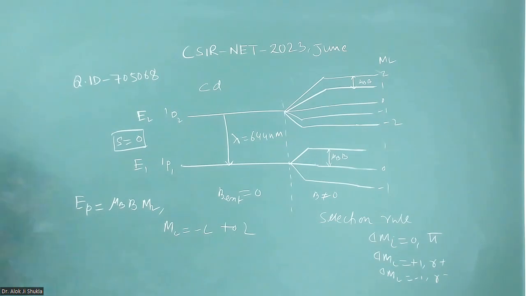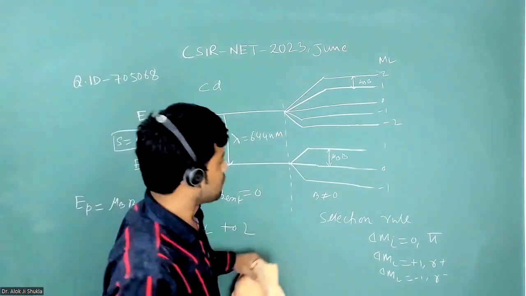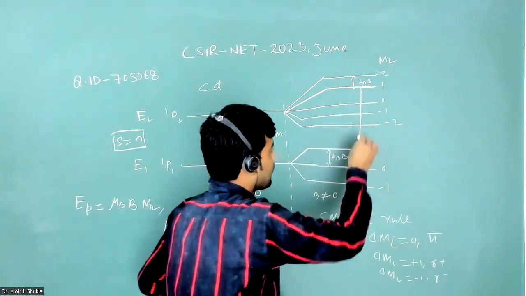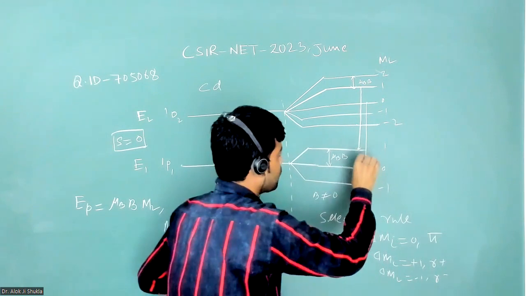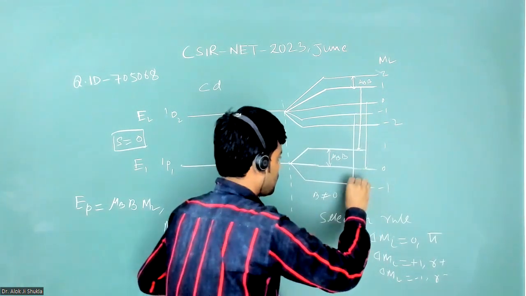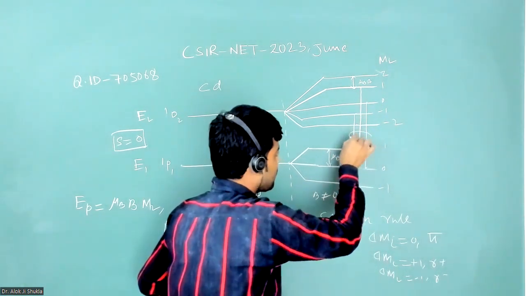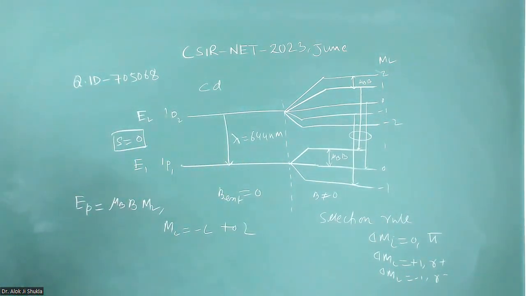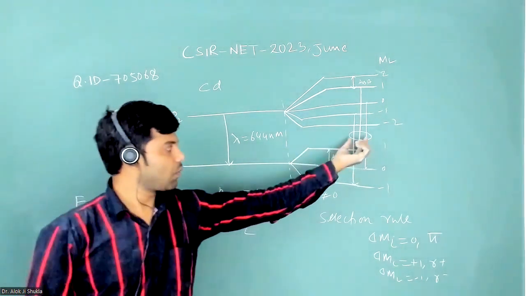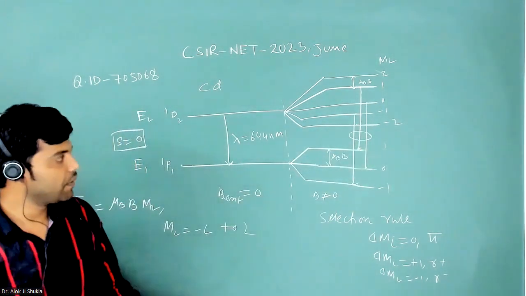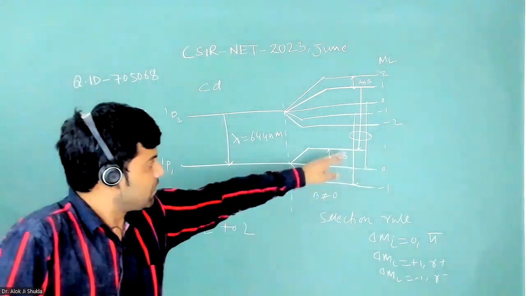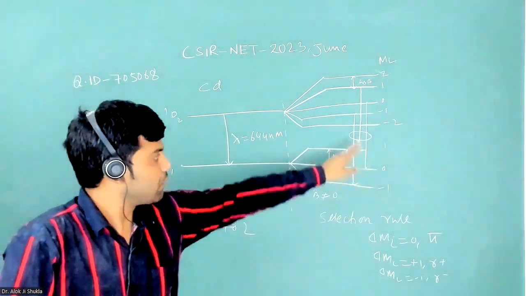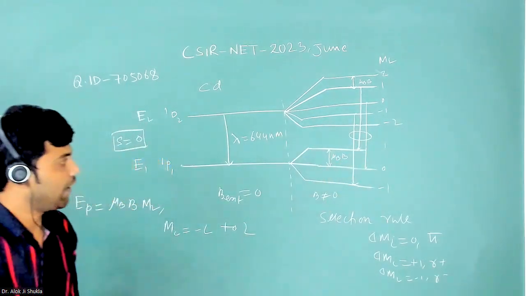Now if you apply delta ml equals 0, the transitions 1 to 1, 0 to 0, and minus 1 to minus 1 are allowed. So three different transitions are allowed for delta ml equals 0, but all three transitions will have the same energy. It means the emitted photons for the three transitions will have the same energy, and that will contribute a single line.